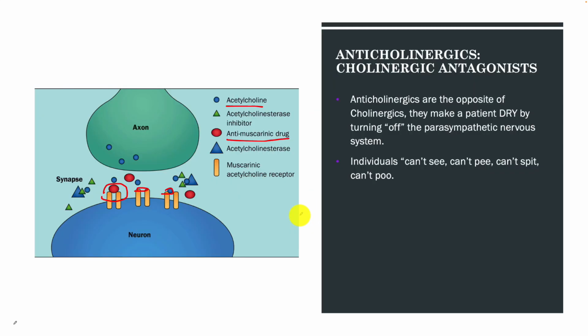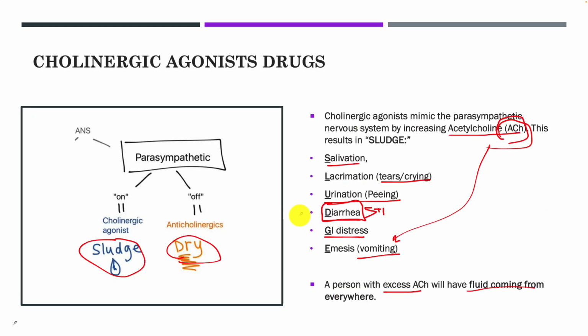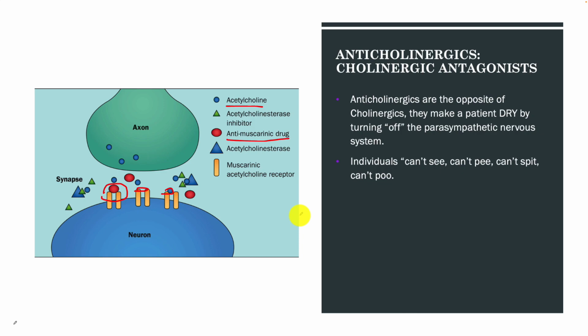Like we talked about with the dry, if somebody is taking an inhibitor, or an antagonist, these individuals can't seem to pee, they can't spit, and they can't poo. So they get constipation. That could be one of the side effects of a certain type of drug.